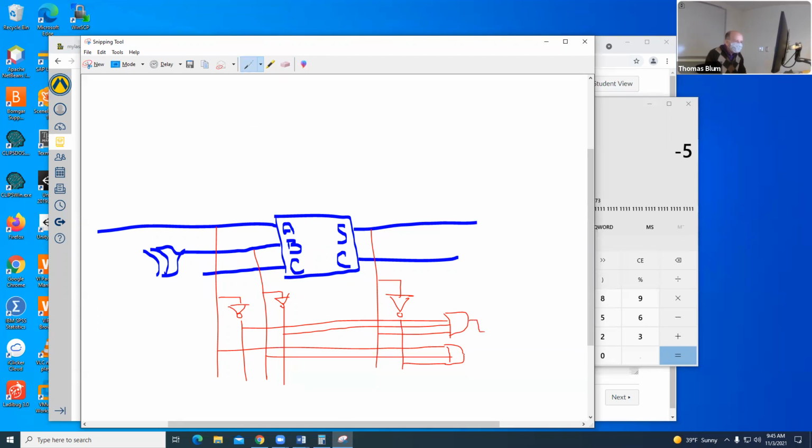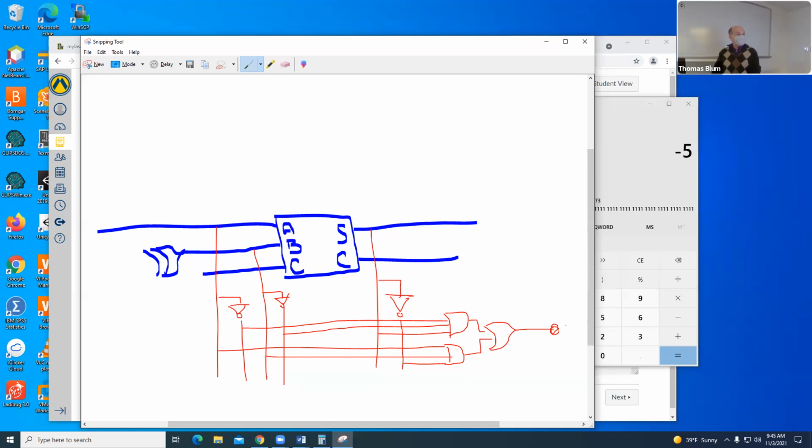And those are the 2 possibilities for overflow, indicating that it was bad. And then you would just put some kind of probe there to light up with it.